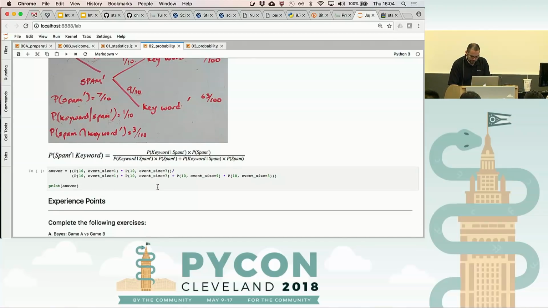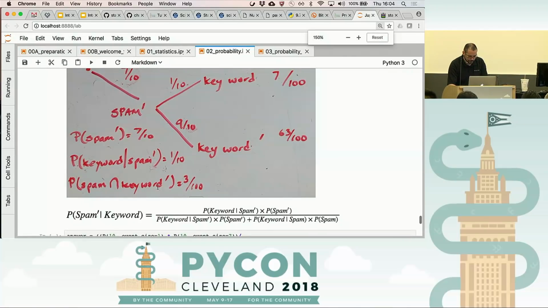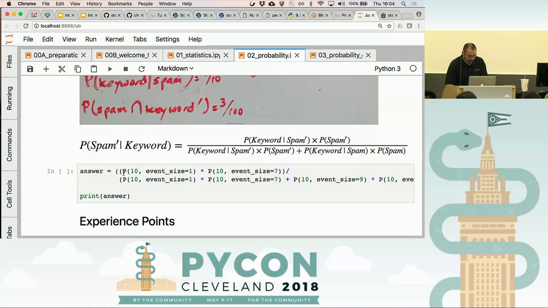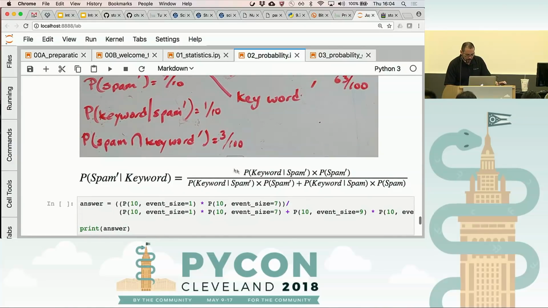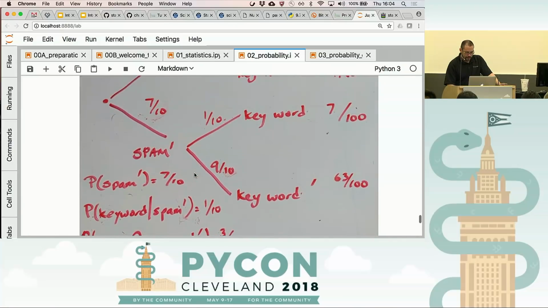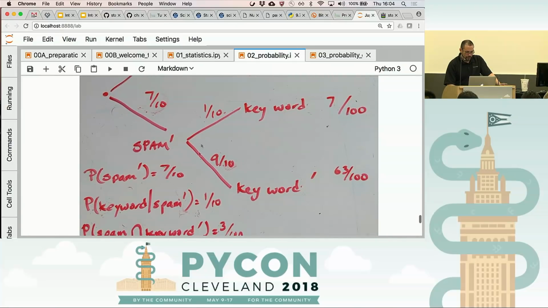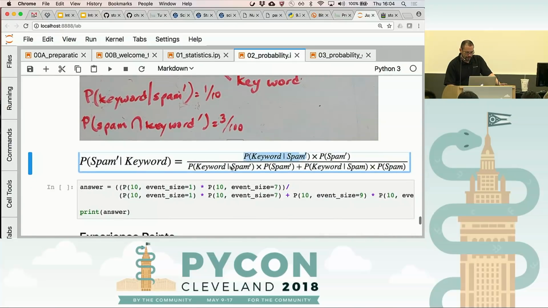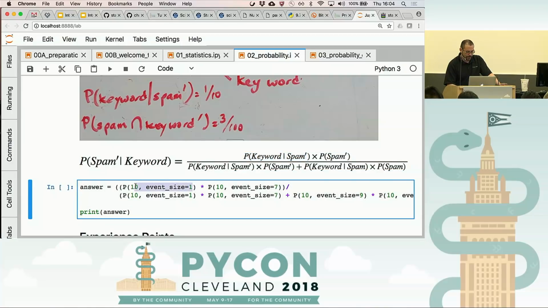All right. So let's blow this up a little bit. On the top, I say, let's go find out if it isn't spam and there's a keyword present, what is that? So that is 1 out of 10. So I put my event size is 1, and I have 10 items.